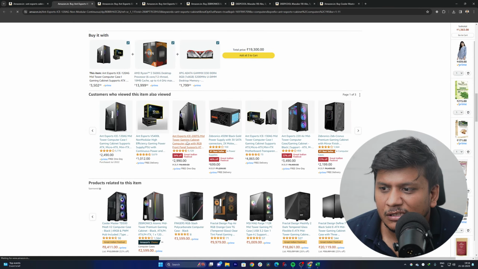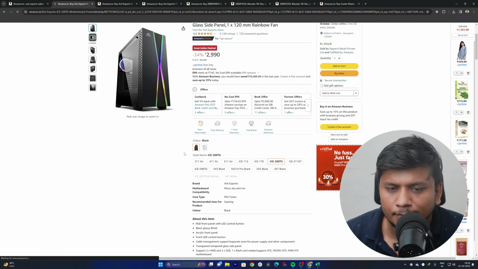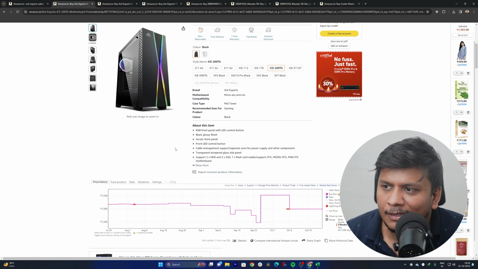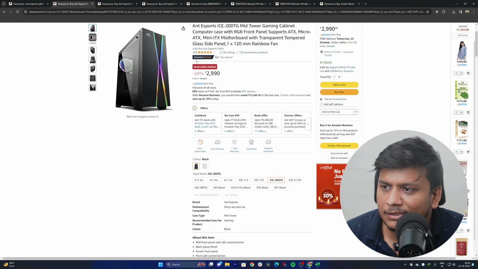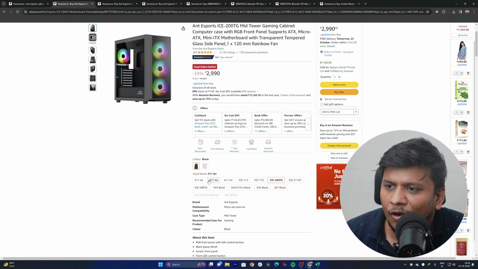They are not bundling maybe because it costs them more, and then these cabinets are available at very little margin. As you can see here, the price is decent enough. So I would suggest you go with any of these cabinets.